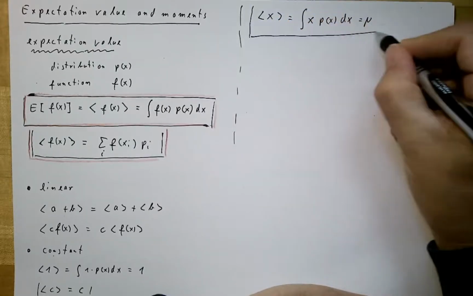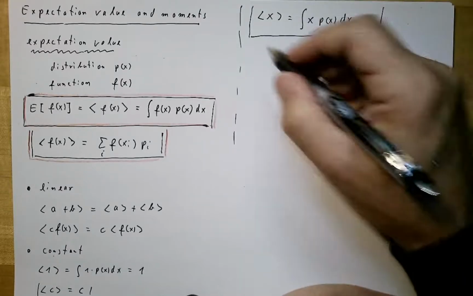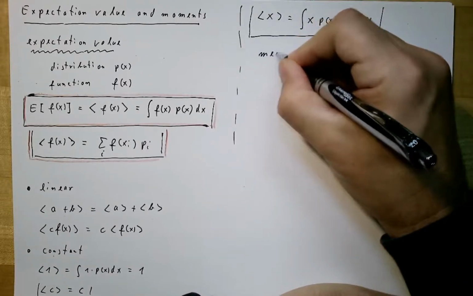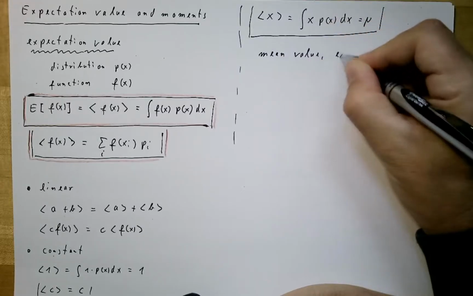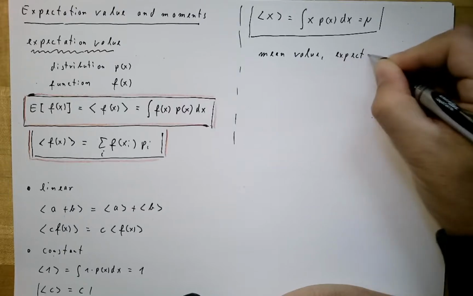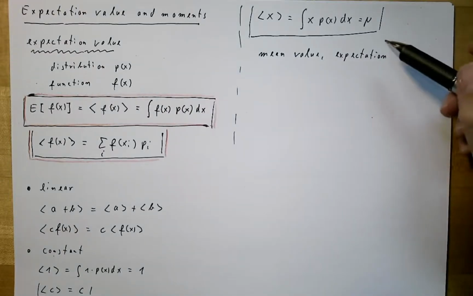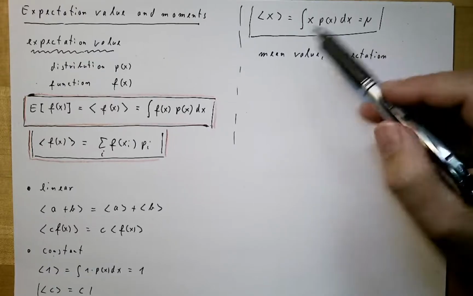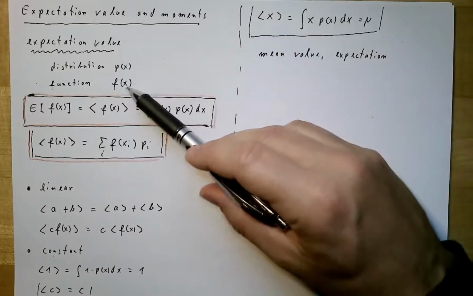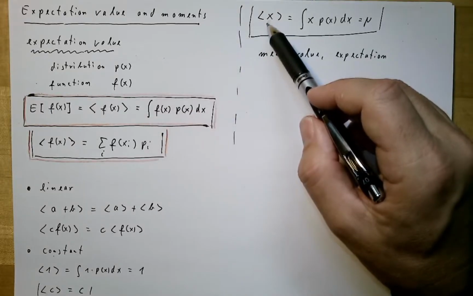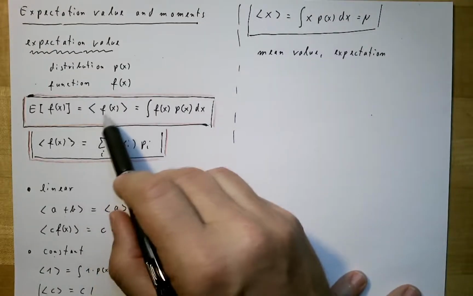And sometimes we call this just the expectation of the distribution, the mean value. So often if we just say we take the expectation of a distribution, we mean we take the expectation value with the function f of x equals x. But in general, expectation always needs to specify a function.